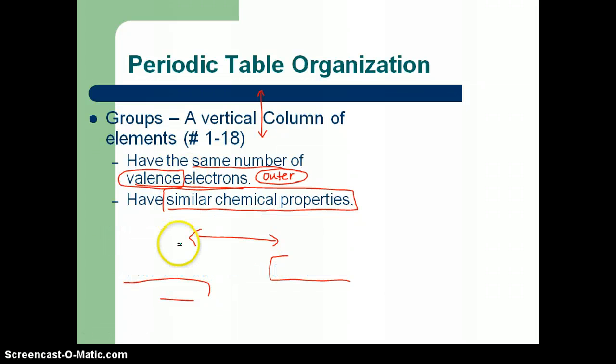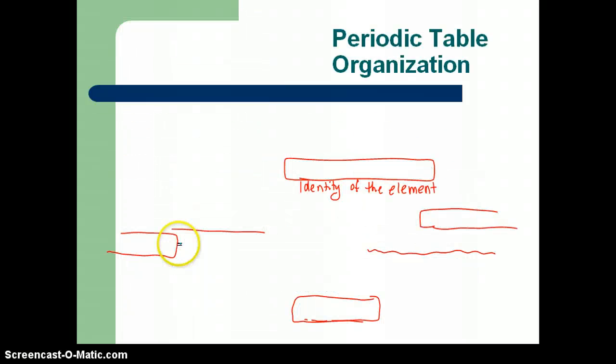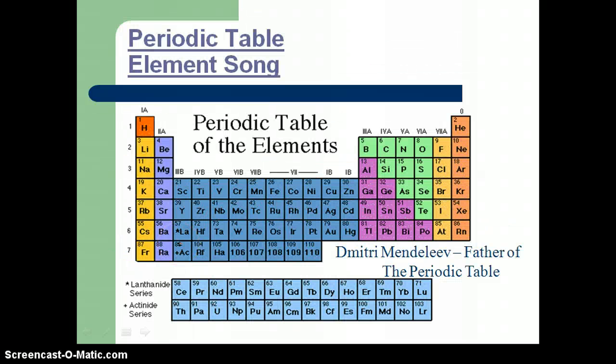Now we're going to go back to show how you would label these. I'll go back to our periodic table. And the group numbers will be in red here. They go 1 through 18.